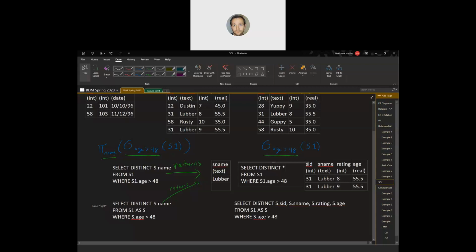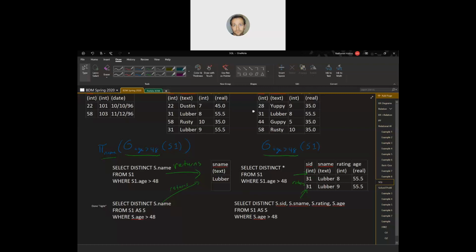My second question was using the project in addition to the select. All right. So what we're going to be doing for the rest of this, let's see.